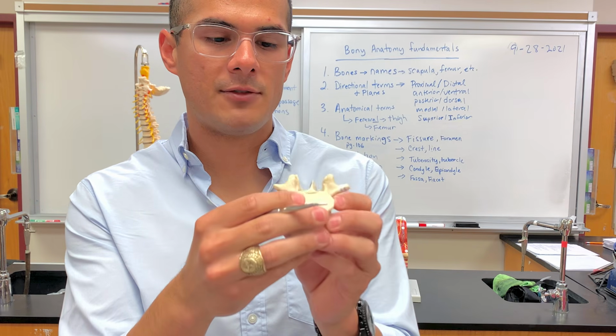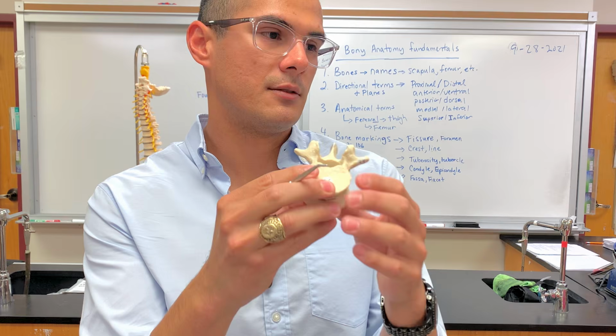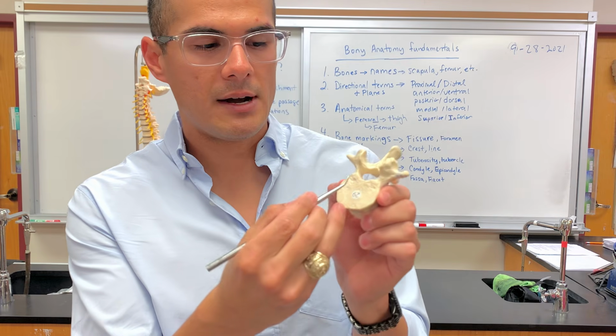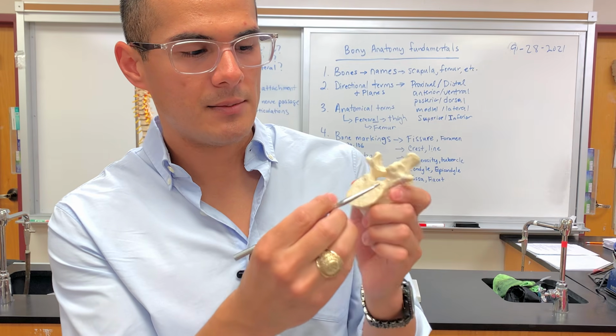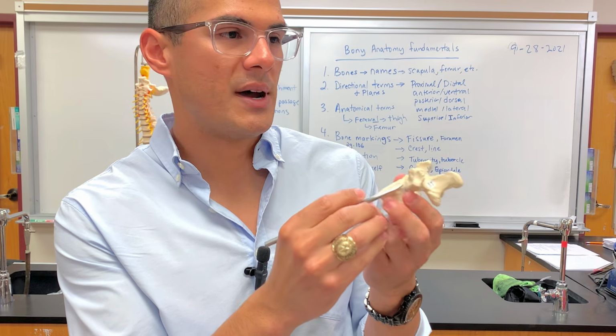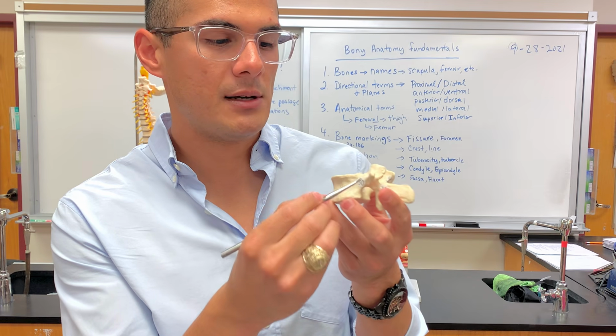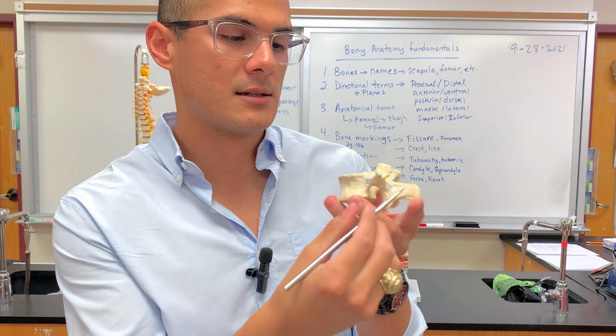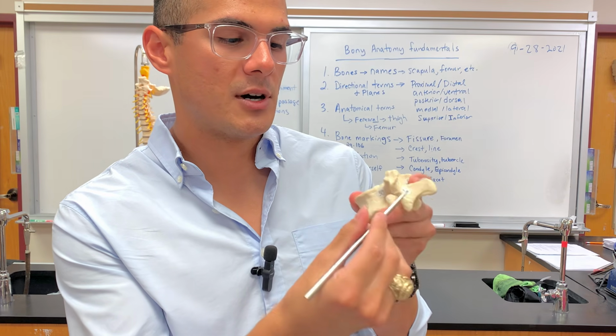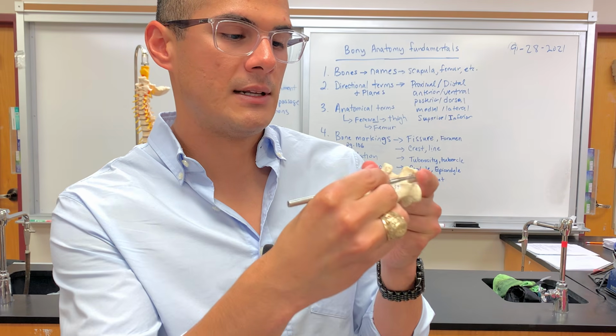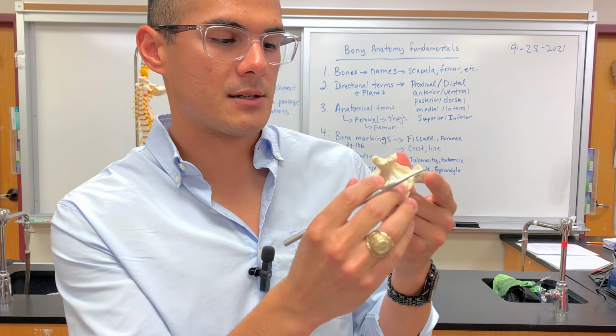So let's go and identify some of the parts of the vertebra. You have the body, which is here, and then you have the pedicle. Pedicle is foot, so I just remember PLS. You have the pedicle, this part is the lamina, and this is the spinous process.